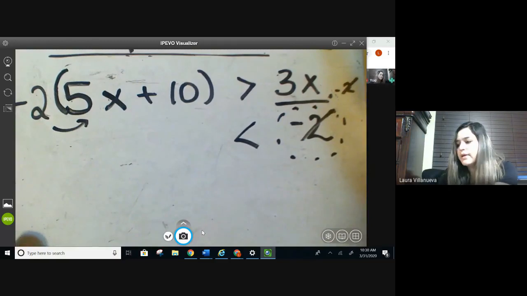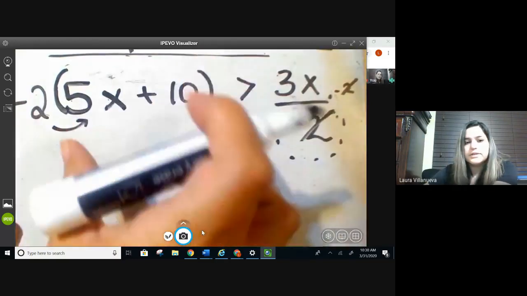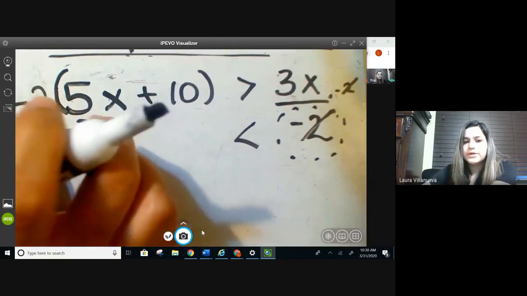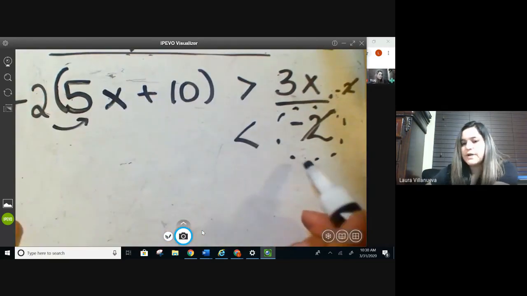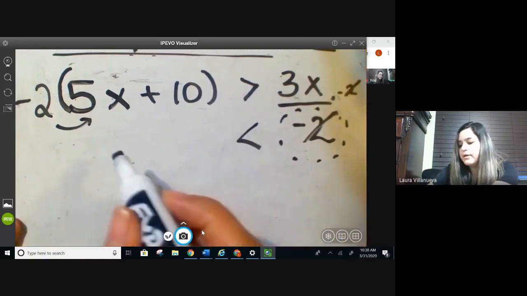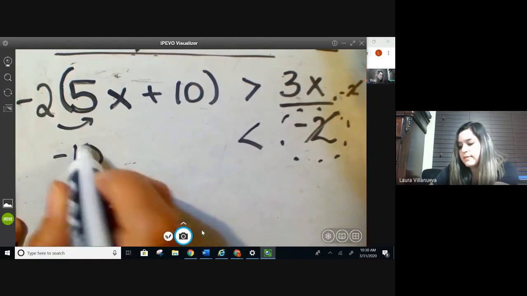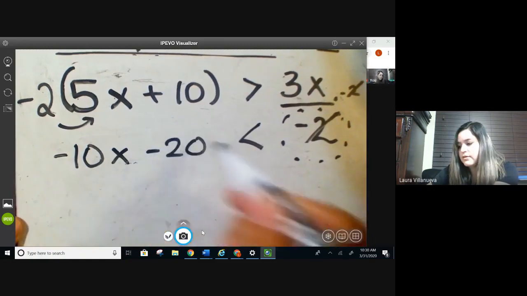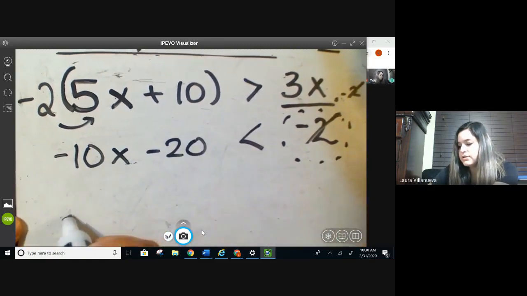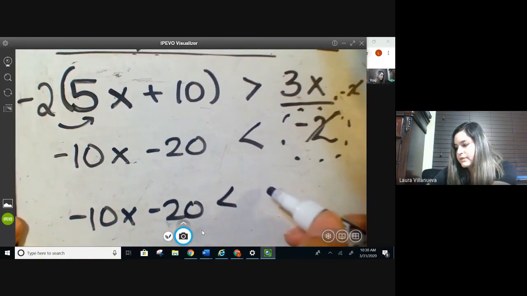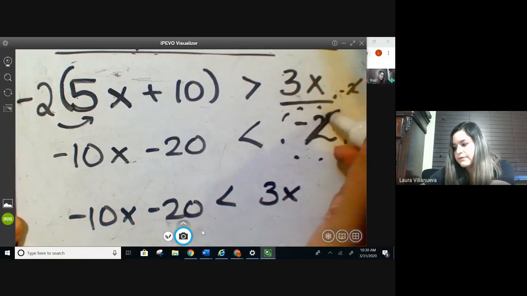Every time you divide by a negative that is not on the same side already, if you're grabbing it from another place and doing it on the other side, if you're dividing or multiplying by a negative, you have to change the sign. You have to. So it's negative 10x minus 20. And then I'm just going to rewrite 3x, because we got rid of that negative 2.